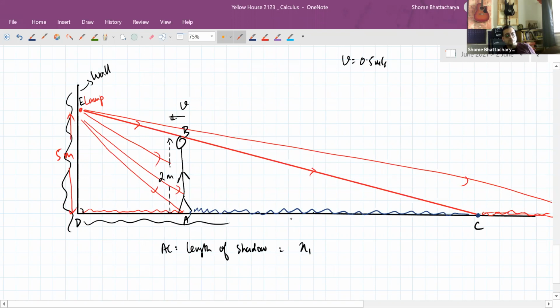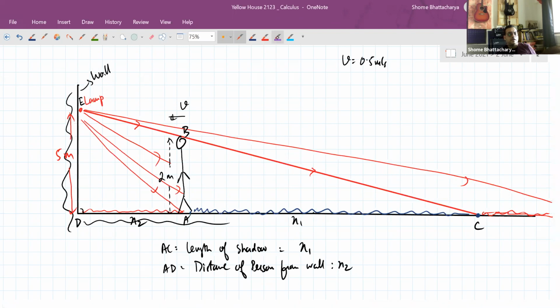So we are taking this distance here as x1. And you can see that ED is the distance of the person from the wall. So let's take that as x2.